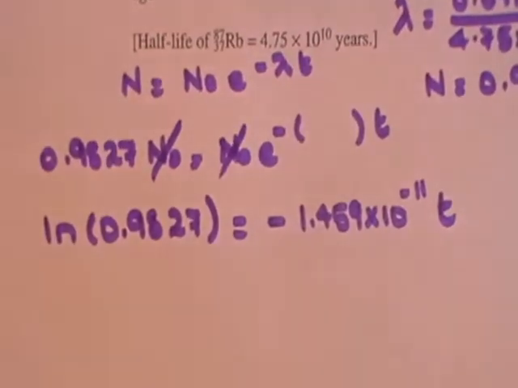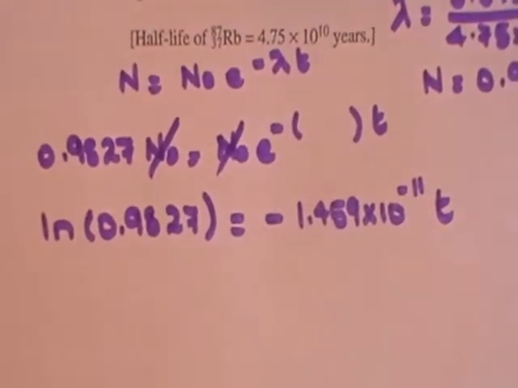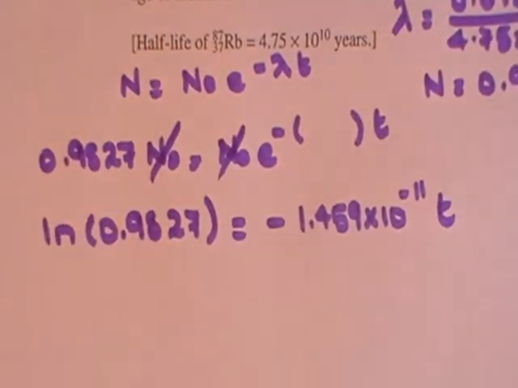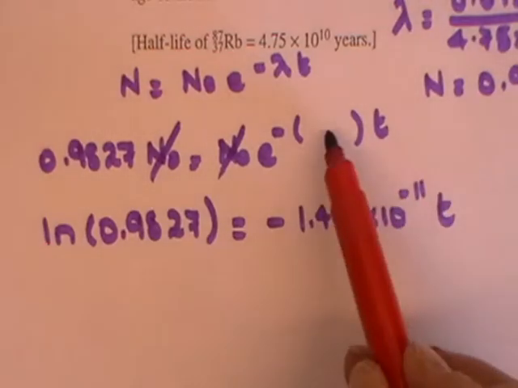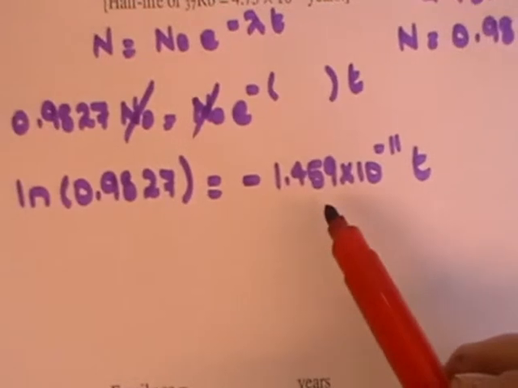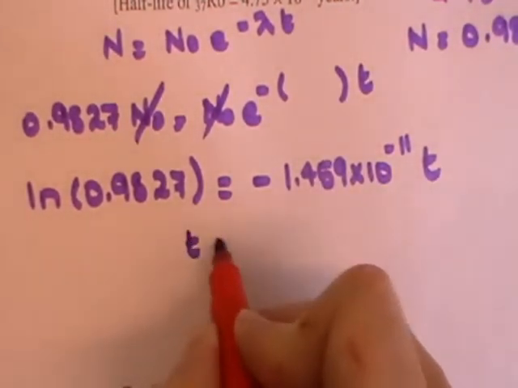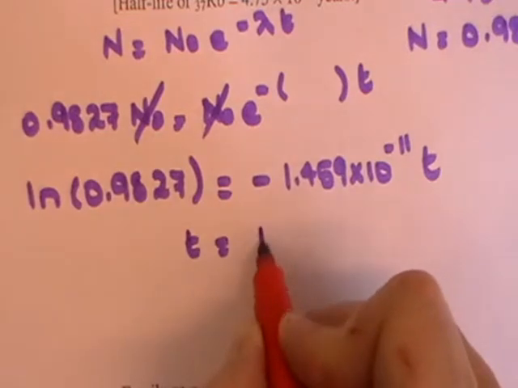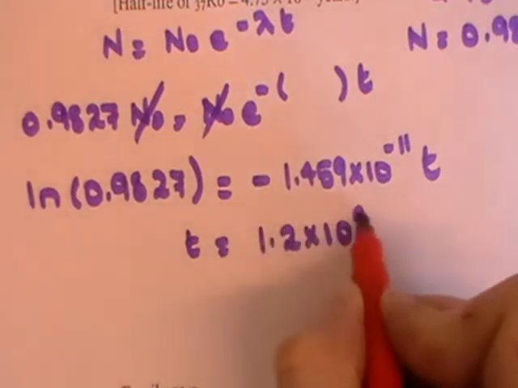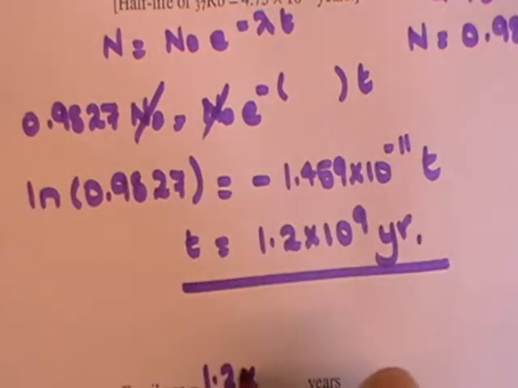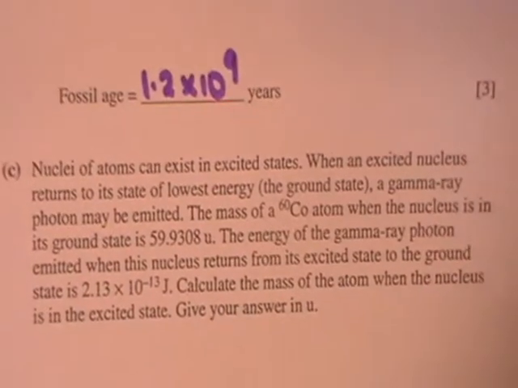So we're now getting a sum here that we can deal with. So we've taken log of both sides, that gets rid of e here, you have to take the natural log of this here. That number in the bracket was this calculation up here, and that number works out to be 1.459 by 10 to the minus 11. So the time then is going to come out as, when you do your calculation, 1.2 by 10 to the 9 years. 1.2 by 10 to the 9 is your final answer.